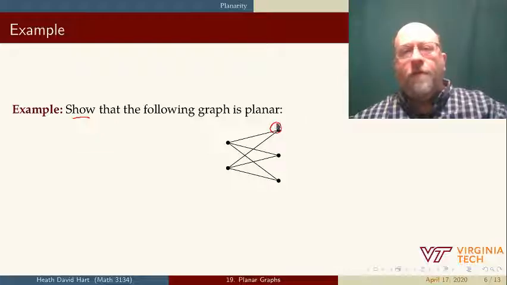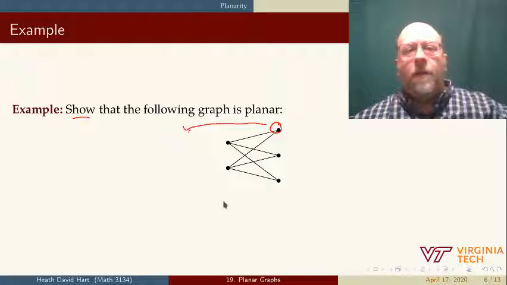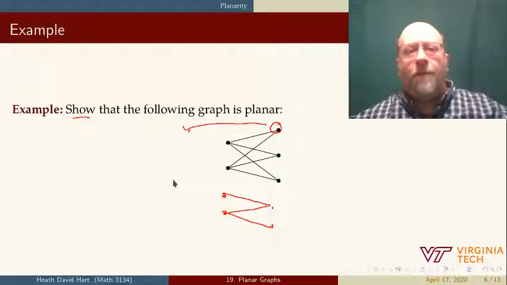So if we move this vertex over here, then we would have two vertices in the middle, the two vertices down here, these two edges, this edge, and then we'll have this vertex over here, one edge that goes to this vertex, and then one edge that goes down to this vertex.